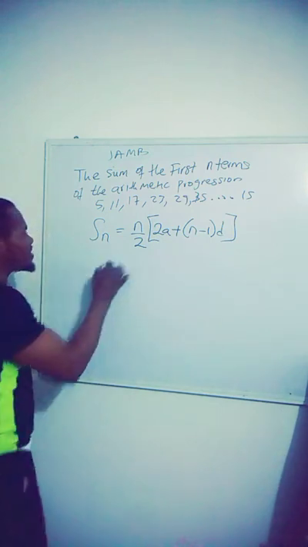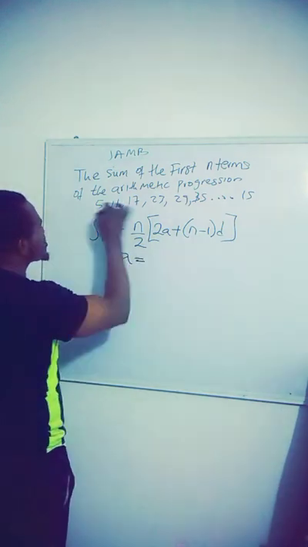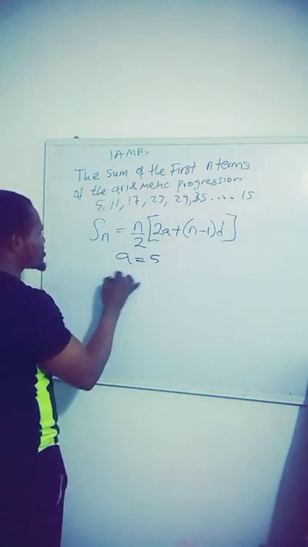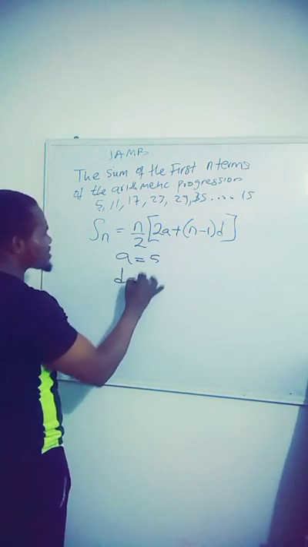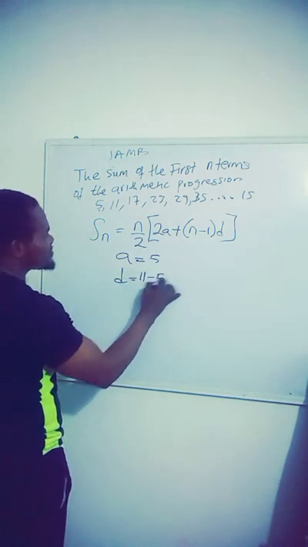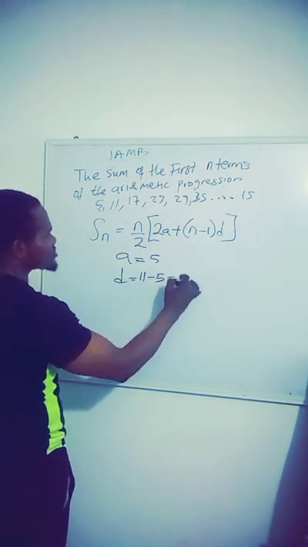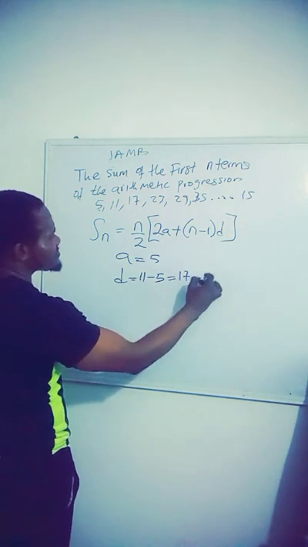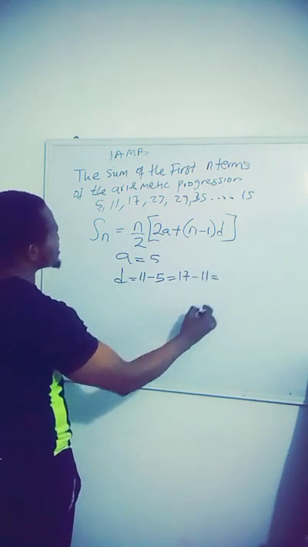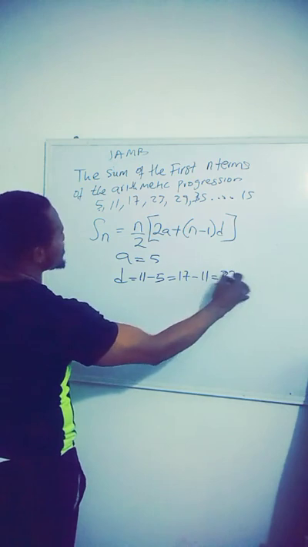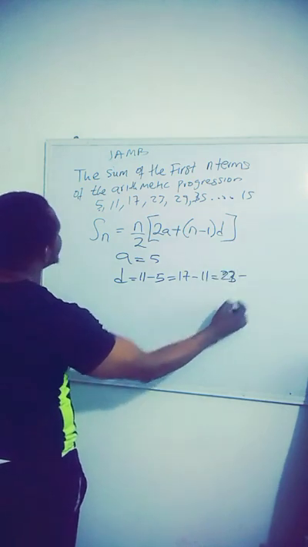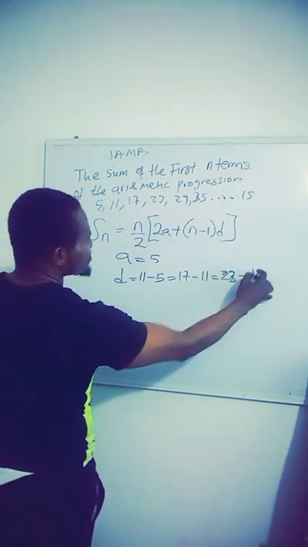So let's find our first term. The first term is 5. The common difference is the second term minus the first term, which should give you the same thing as the third term minus the second term, and the fourth term minus the third term.